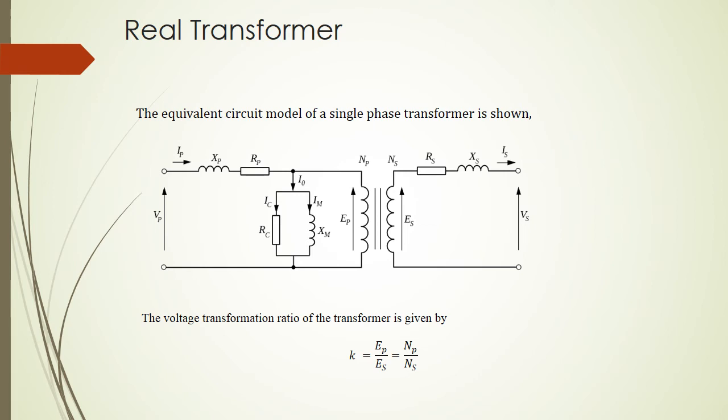So in a realistic transformer, we have this kind of equivalent circuit, and the voltage ratio of the transformer input and output is not ideal anymore, but we assume that in the middle we have an ideal transformer, and the voltage ratio and current ratio here will be ideal.